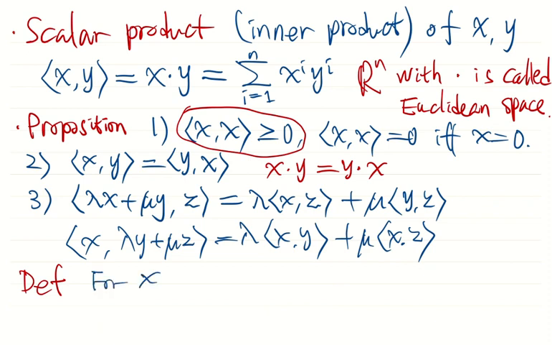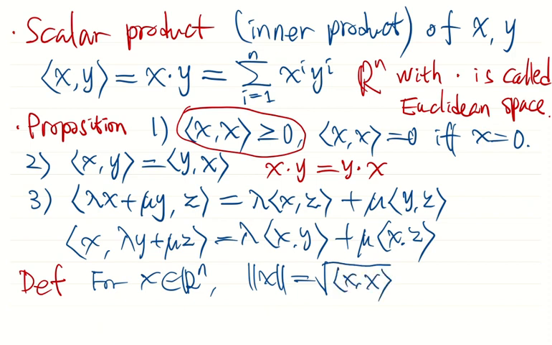For x in Rn, the norm of x is defined to be the square root of the scalar product of x with itself. If x is written in its coordinates x1 to xn, then this is exactly the sum of xi squared, then take the square root.